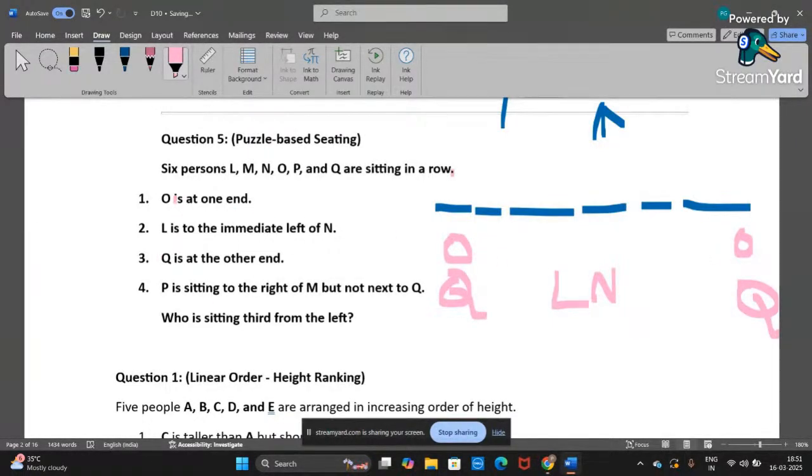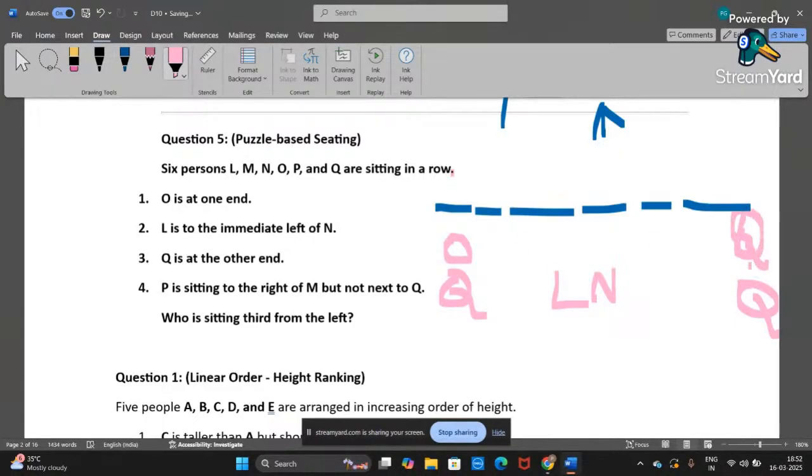We know that O is at one end and Q is at another end. L is to the immediate left of M. P is sitting to the right of M but not next to Q. We'll try to solve here.